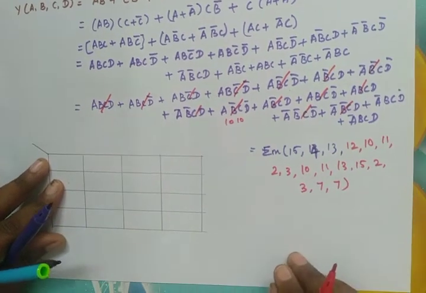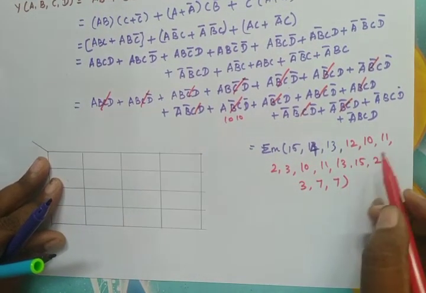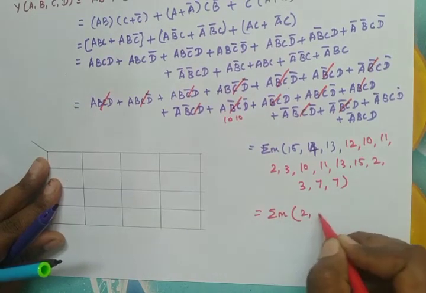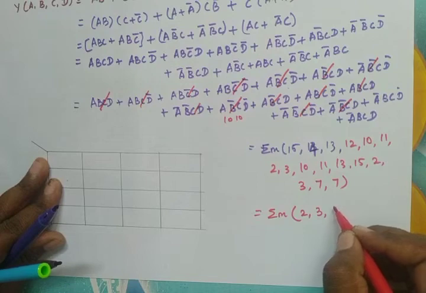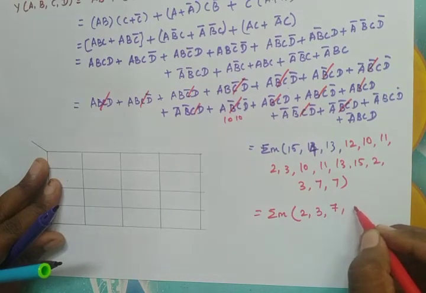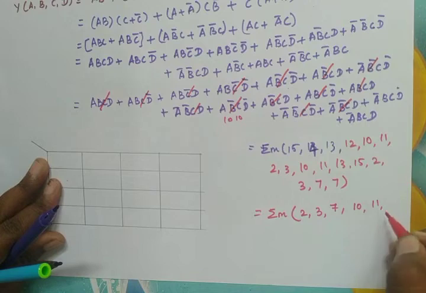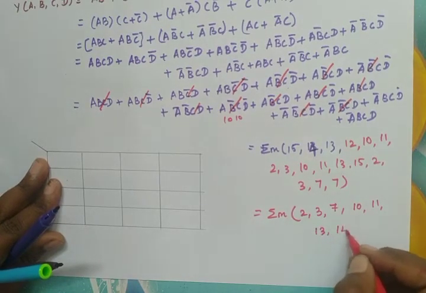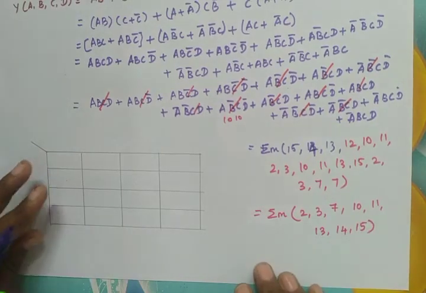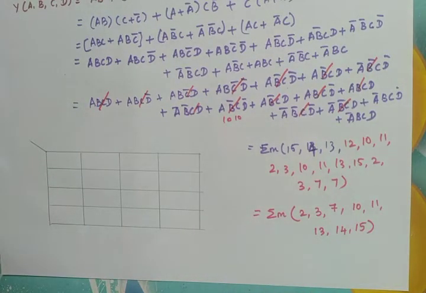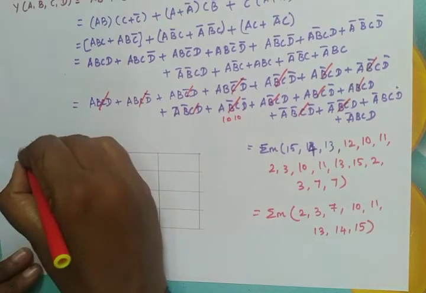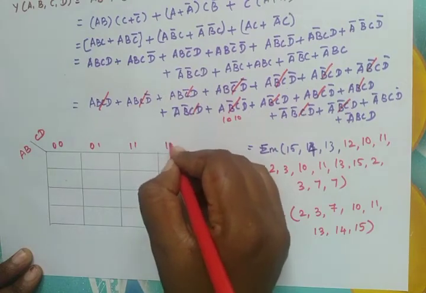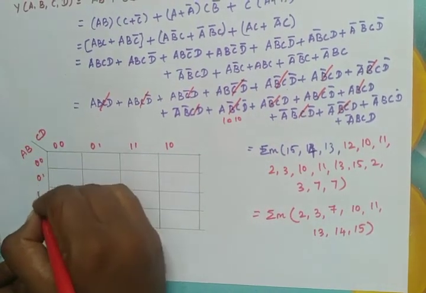Now see the repeated terms here. We can cancel the repeated terms, so which is equal to summation m 2, 3, 7, 10, 11, then 13, 14, 15. So this is the final answer for which we have to find the K-map. Now write A, B, C, D. Again we know how to write 00, 01, 11, 10.